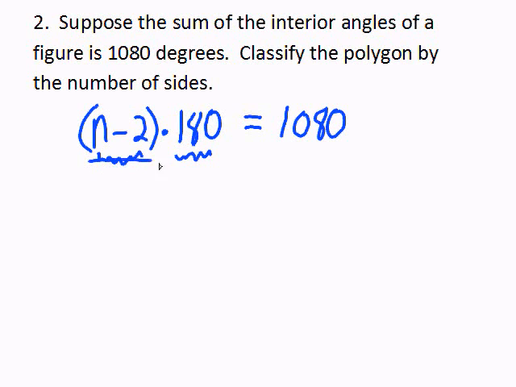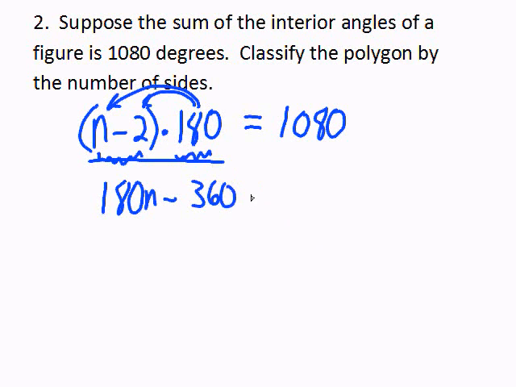If you want to see the actual way of solving it out, since it's n minus 2 times 180, we're going to distribute that 180. That gives us 180n minus 360, because 180 times 2 is 360, is equal to 1080. Add 360 to both sides.